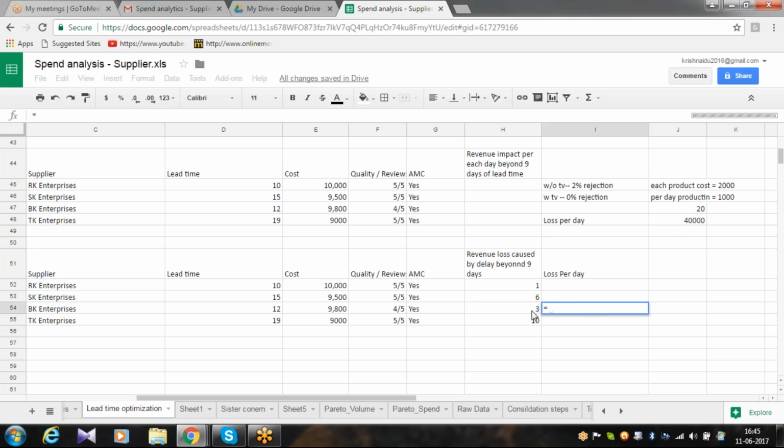Then here it is 3 more, 1,20,000 and 4 lakhs. And here 10 into, let's wait for the values to get updated.